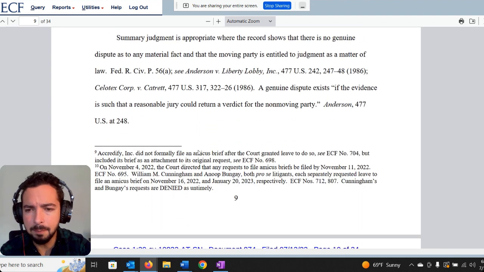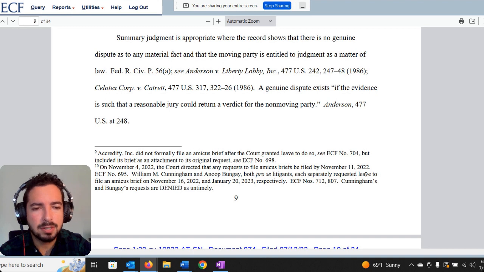Footnote 10, on November 4th, 2022, the court directed that any requests to file amicus briefs be filed by November 11th, 2022. William M. Cunningham and Anup Bungay, both pro se litigants. Pro se just means without a lawyer. So that's another fancy legalese there.